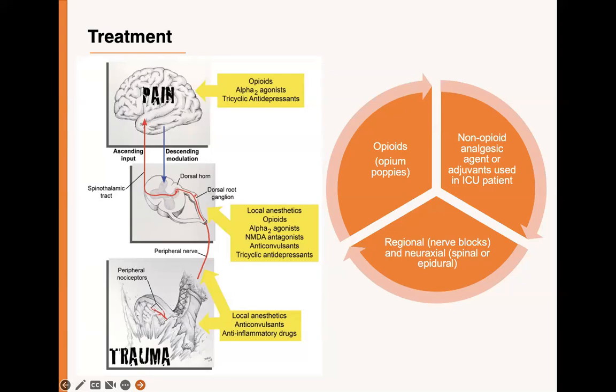This is a good picture of multimodal management of pain, targeting pain at different points while minimizing the opioid side effects associated with individual drugs, and maximizing efficacy by the additive or synergistic effect of different medications.